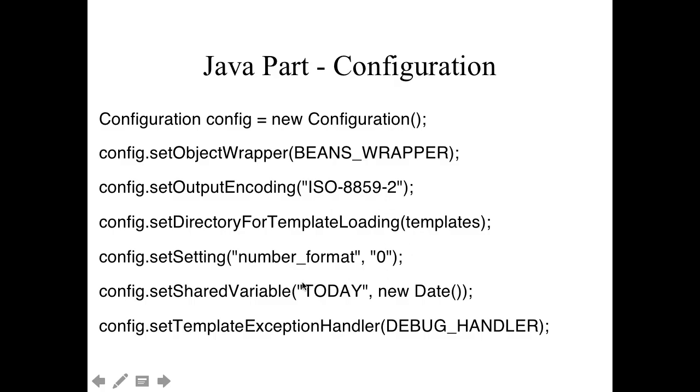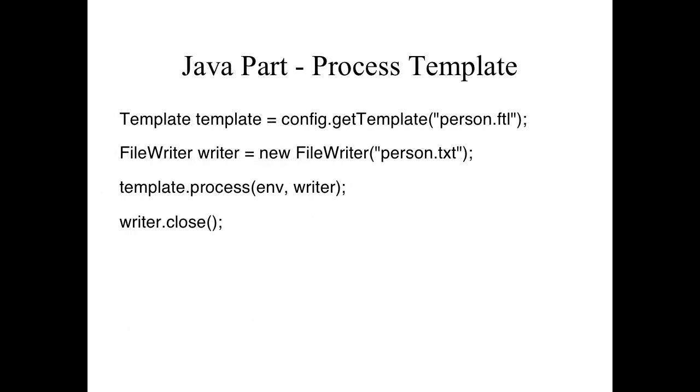We load up our template, and then we proceed to output the template by embedding it into our class and then writing out the process of the template to some writer.